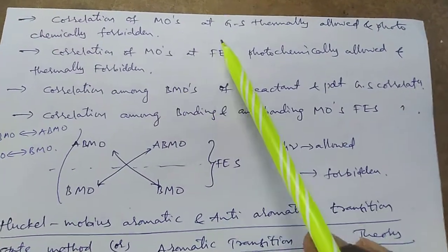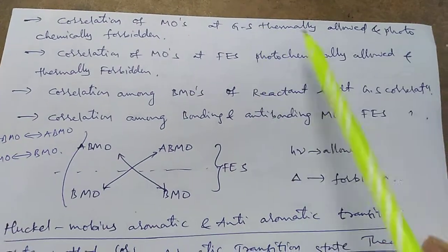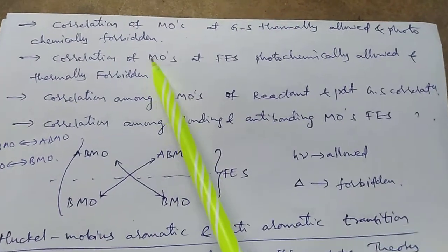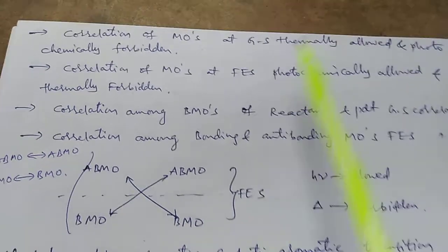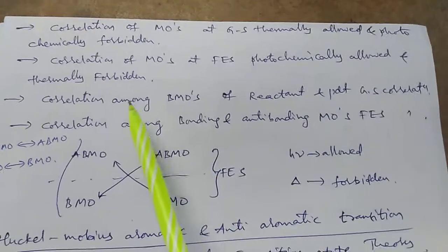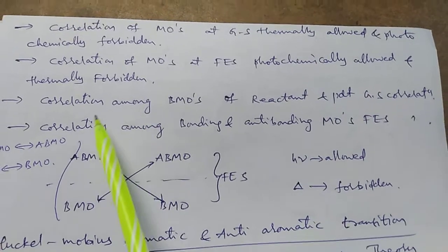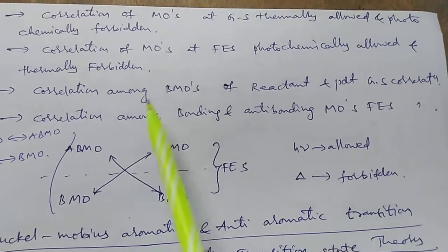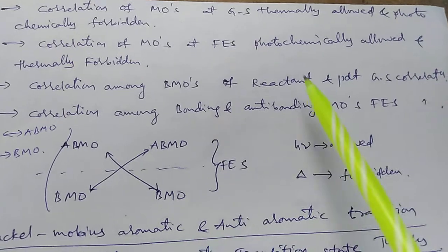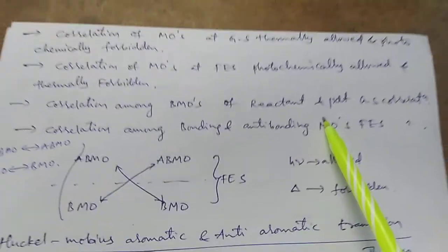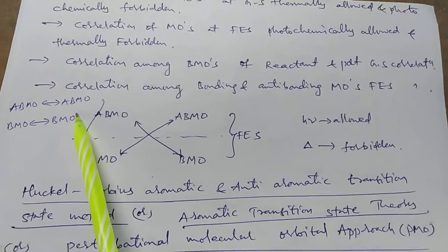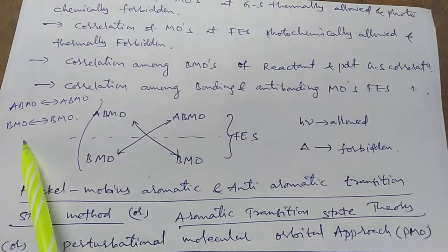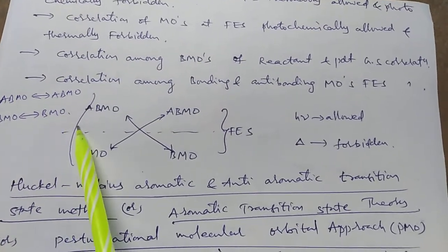Correlation of molecular orbitals at the ground state is thermally allowed and photochemically forbidden. Correlation of molecular orbitals at the first excited state is photochemically allowed and thermally forbidden. And one more point: in the correlation among bonding molecular orbitals of reactants and product in the ground state, antibonding molecular orbital correlates to antibonding molecular orbital, and bonding molecular orbital to bonding molecular orbital.